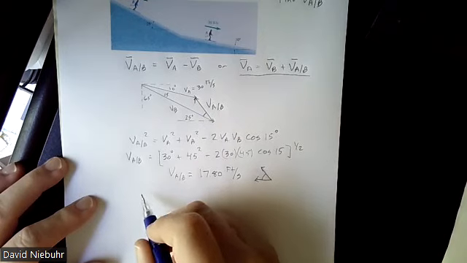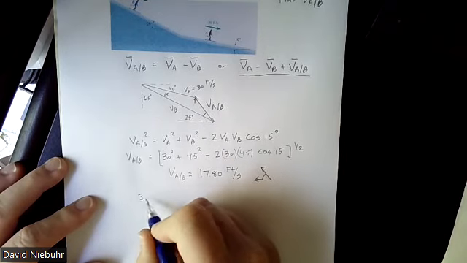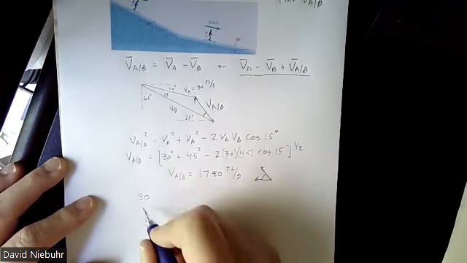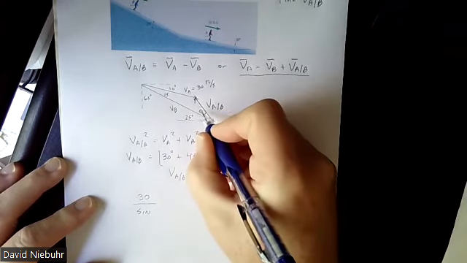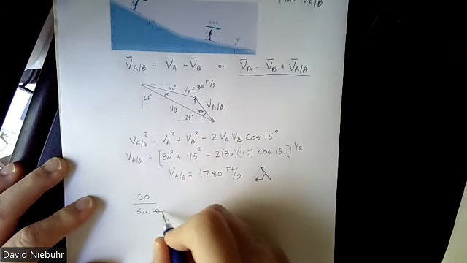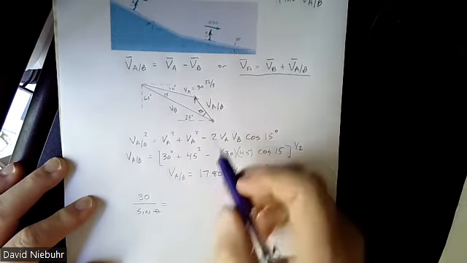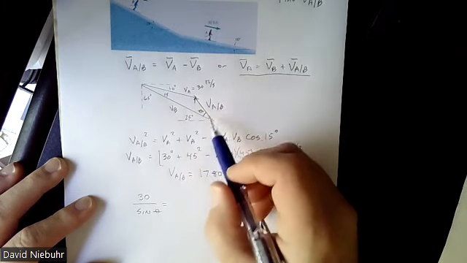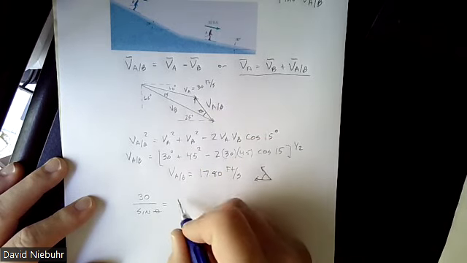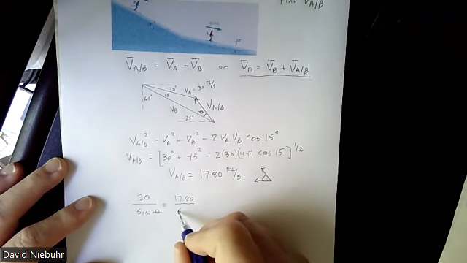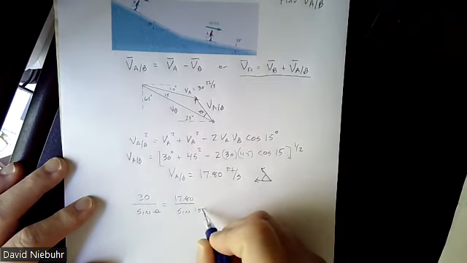So we can say that 30 over the sine of this angle, we'll just call it theta, has to equal VA relative to B, 17.80 divided by the sine of 15.